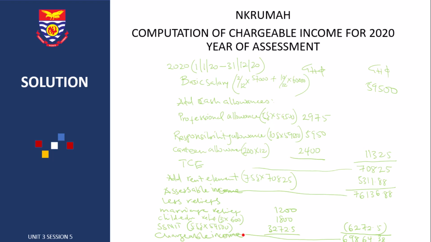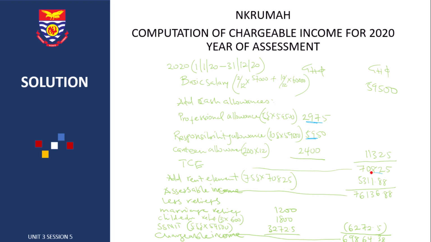Okay, so this is how we go about it. Please note that if you are given the salary scale to compute basic salary and you get basic salary wrong, a lot of things dependent on basic salary, you will get it wrong. So assuming you get basic salary wrong, this allowance will be affected. This allowance will be affected as well.